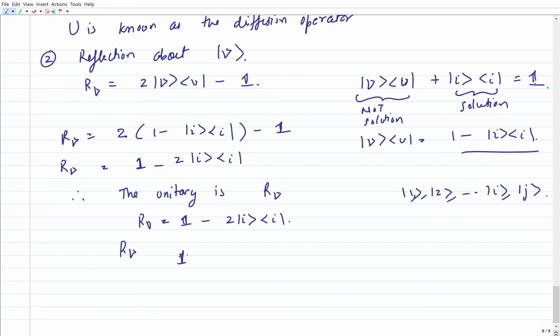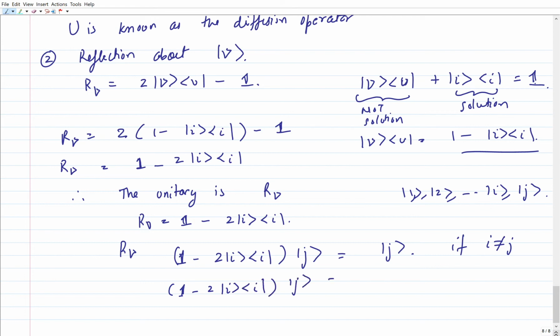So this operator operating on some J is going to give me just J if I is not equal to J, and this operator operating on J is going to give me minus J if I is equal to J, or I can also write it as minus I over here.